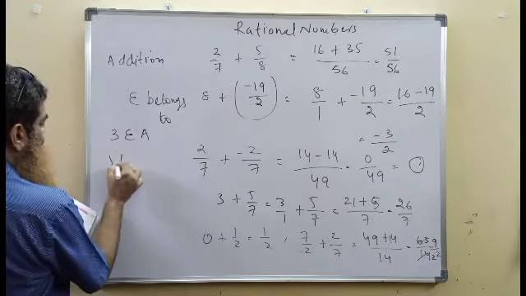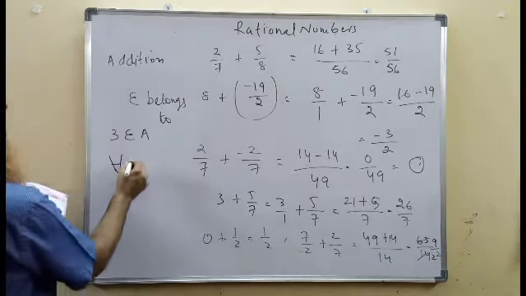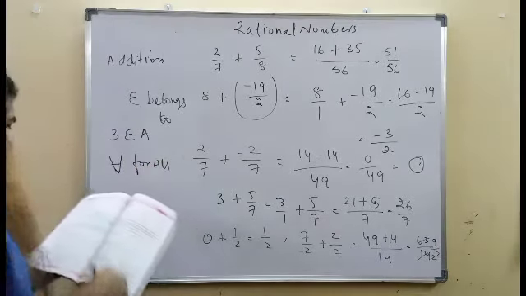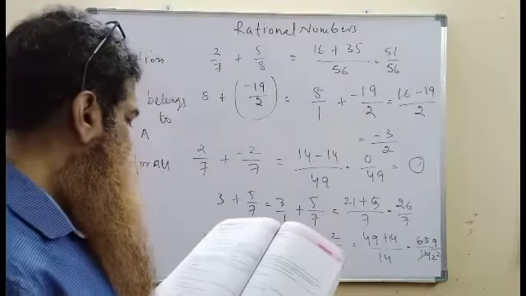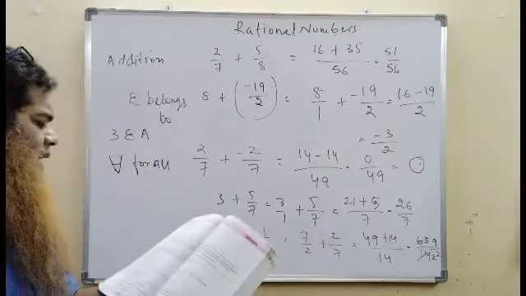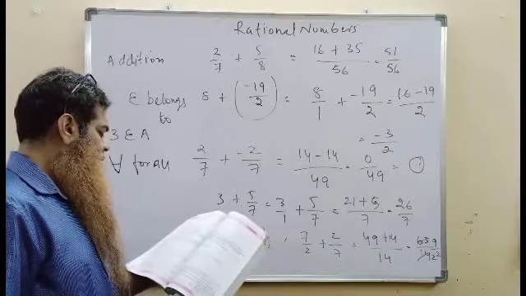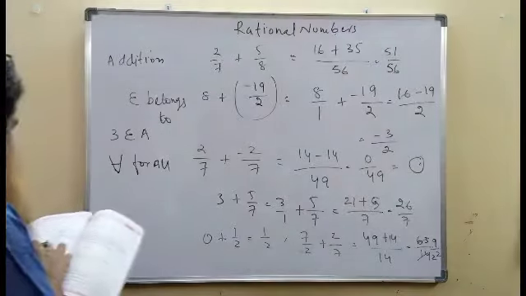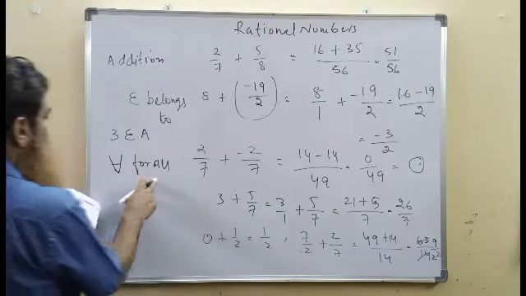The inverse of A, or upside down A, means for all. Like on the left side it is written, the rational numbers are closed under addition. A plus B is a rational number for any two rational numbers A and B. That is, for all A, B belonging to Q, A plus B also belongs to Q. The reversed A is a symbol for all or for every.